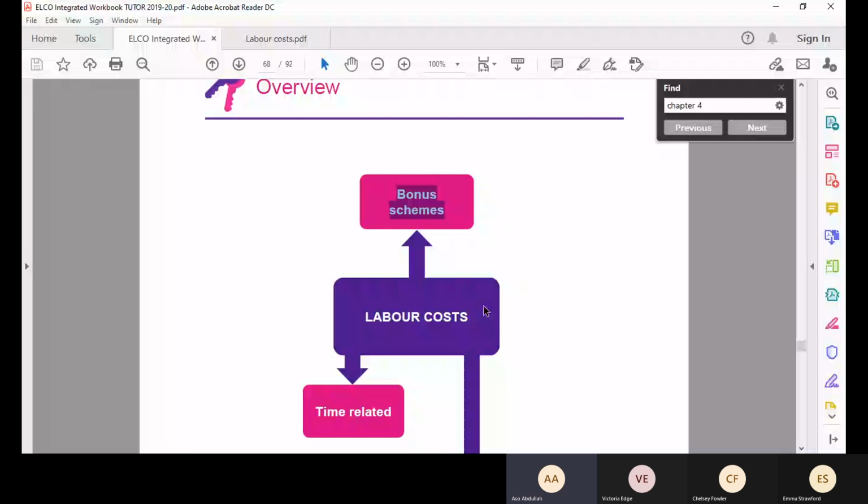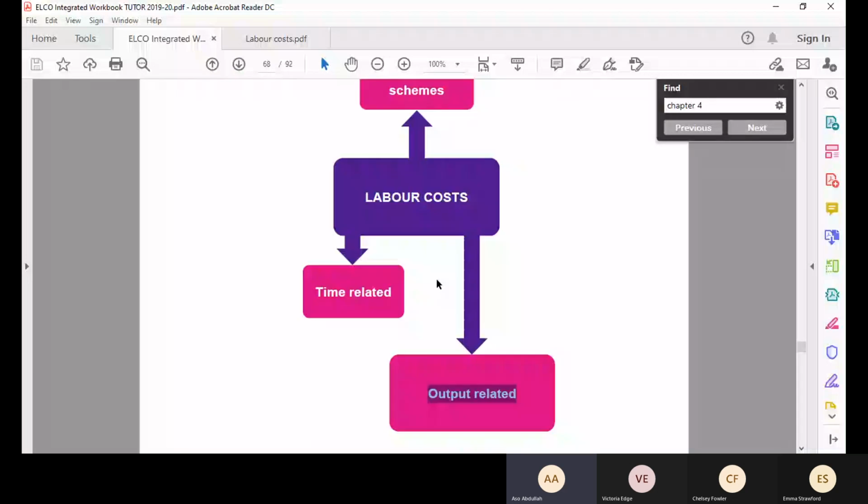So labor cost is either bonus, time related, or output related. These three. The labor cost is paid based on one of them. So let's first of all look at the bonus scheme.